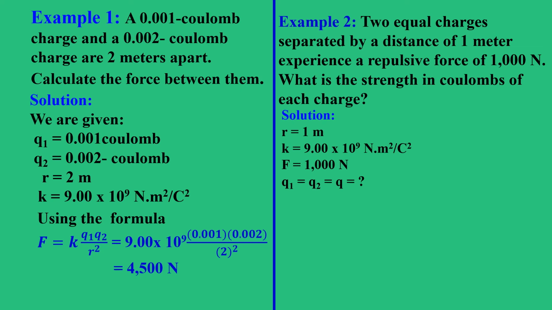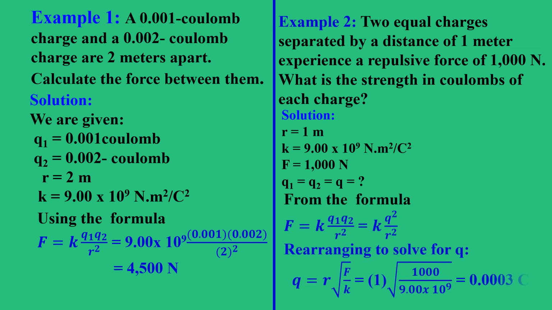We are required to find Q sub 1, which is equal to Q sub 2, and we will represent it by Q in the formula. So, from the formula, F equals K times Q1 times Q2 over R squared, which is F equals K Q squared over R squared.